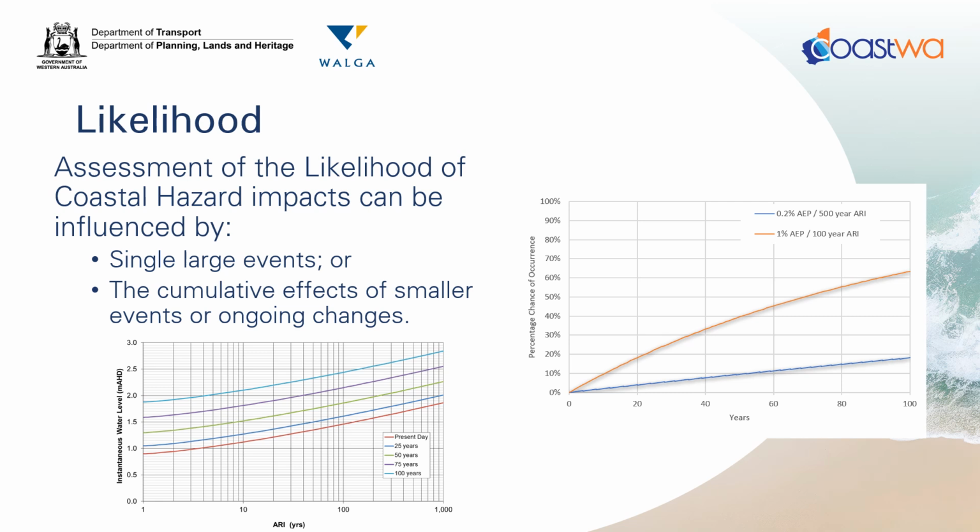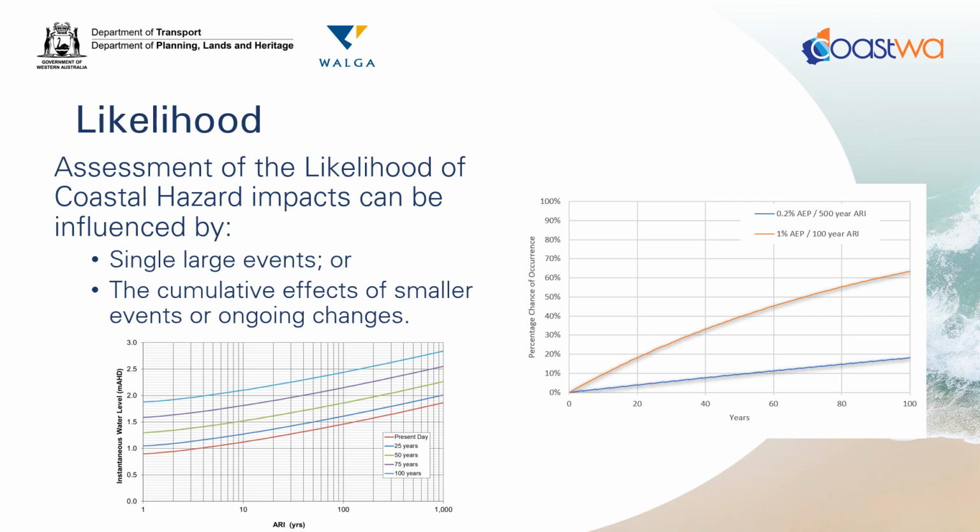Another thing to look at, touching on the point I made earlier regarding the difference between the 500-year event and the 100-year event, the 500-year event being for inundation and the 100-year event being for erosion. If we look at the percentage chance of occurrence of those events over a 100-year planning horizon, you can see there is obviously a change in how likely it is that you will experience one of those events.